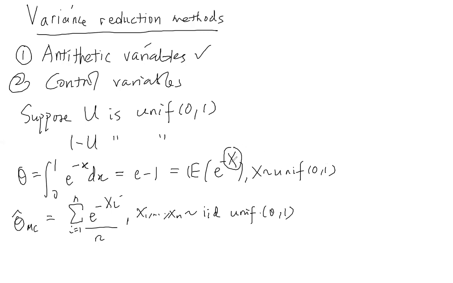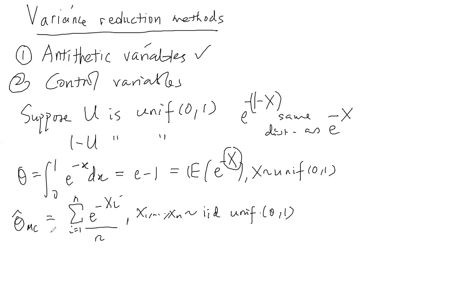So if you replace it with 1 minus X, the distribution of this random variable, e to the minus (1 minus X), has the same distribution, right? As e to the minus X, okay? So basically you can make a replacement, right?